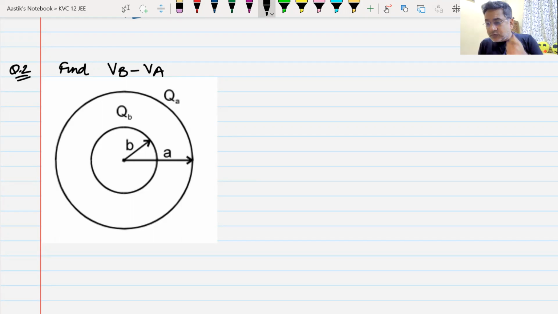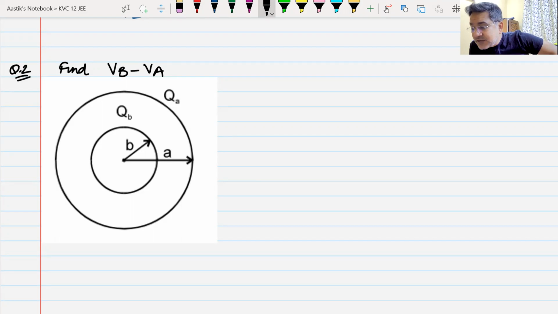Now, whenever anyone says potential difference between two shells, it is the potential difference between the surfaces of the two shells. Do we understand this? Yes or no?